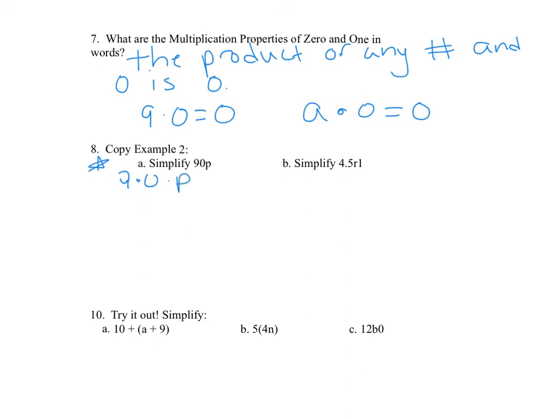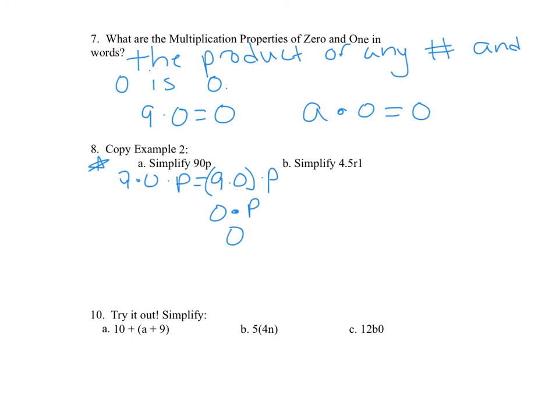We're going to change it so that it's now 9 times 0 in parentheses times p. Well, we know that 9 times 0 is 0. Just keep multiplying that by p, and 0 times p equals 0.